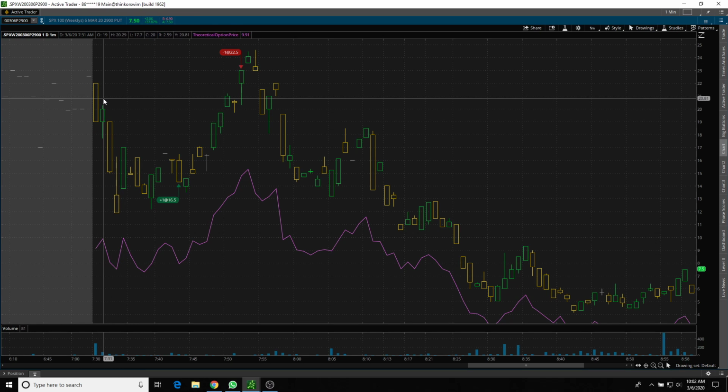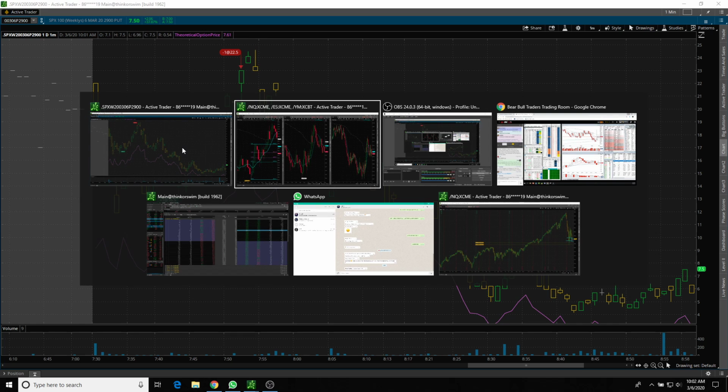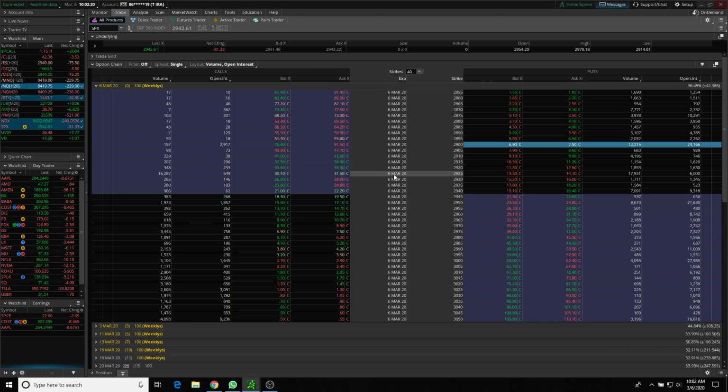So the chart that you're looking at now is the SPX weekly expiration for March 6th today, the 2900 put. So I'll show you on the options chain what this is. So here are the puts for today's weekly SPX options expiration.